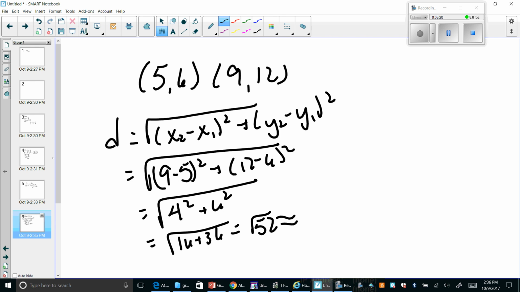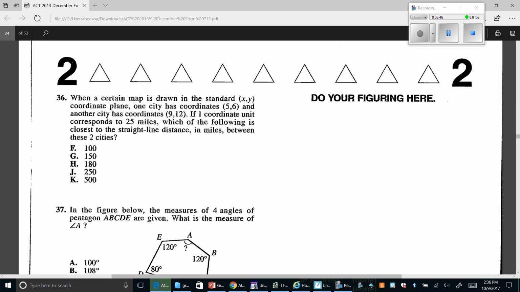If I take my calculator, the square root of 52 is about 7.2. So if I multiply that times 25, because every unit is 25 miles, I get 180.2728. So if I look back at my choices, which one's the closest? It'd have to be 180 miles, which is H.